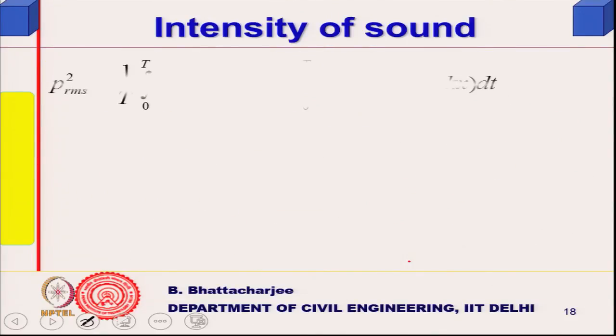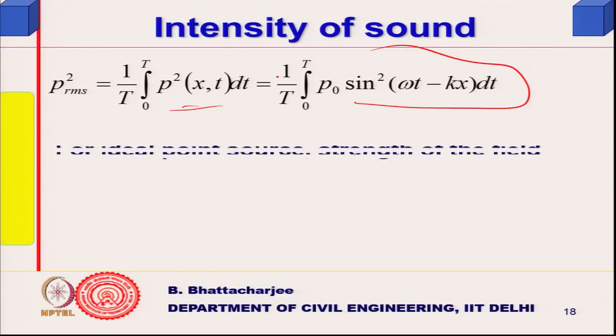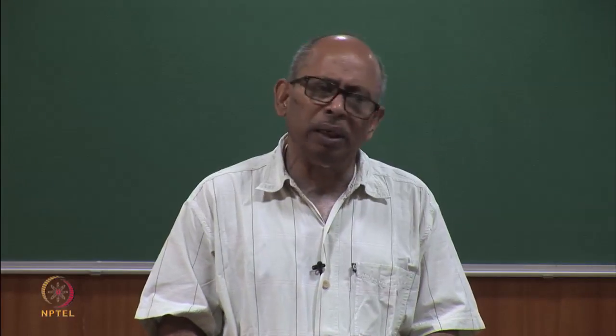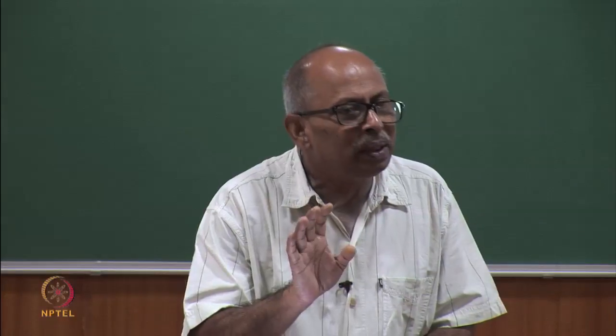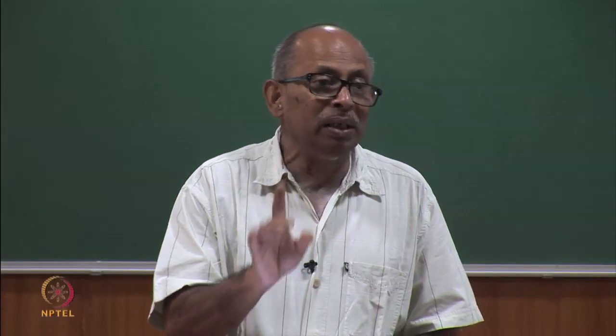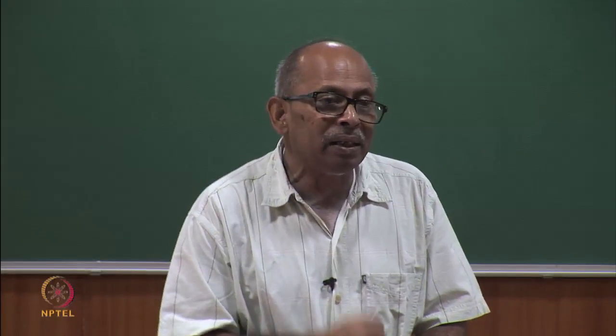Intensity of sound is given by the integral of p square dt, 1 by T, from 0 to T, and for an ideal point source you can integrate this and find out the factor, but we are not interested in that. What we understand is that intensity is p RMS square by rho c, not instantaneous p at any point, but p RMS square by rho c is my intensity at any point.